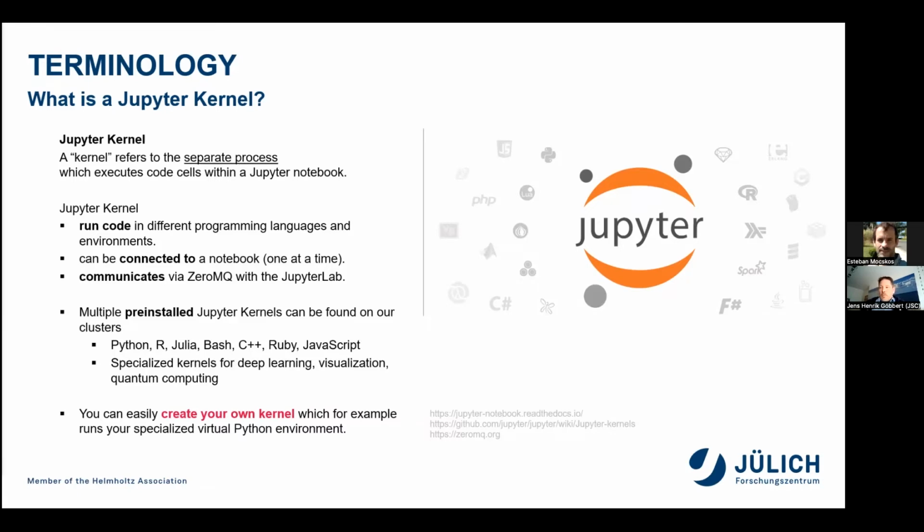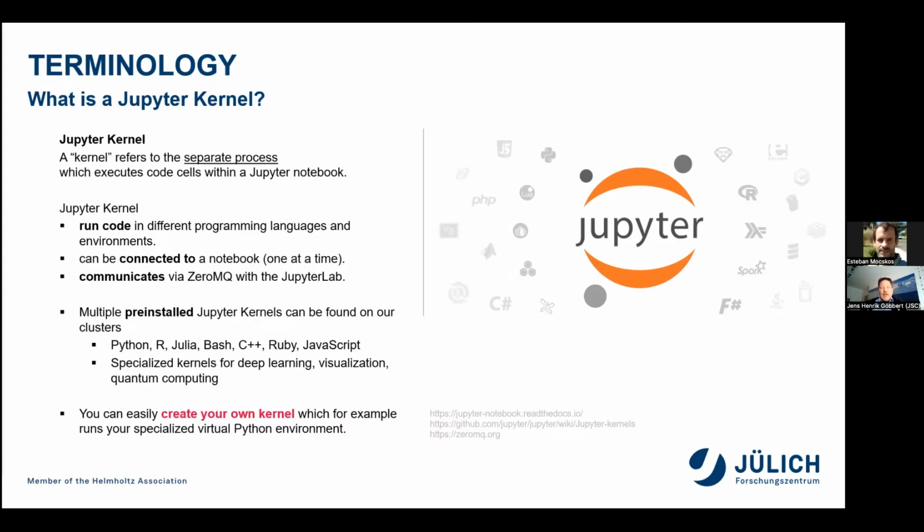And you can have a lot of different kernels, as I said, for different programming languages and environments. This kernel is then connected to one notebook and executes the cells in there.